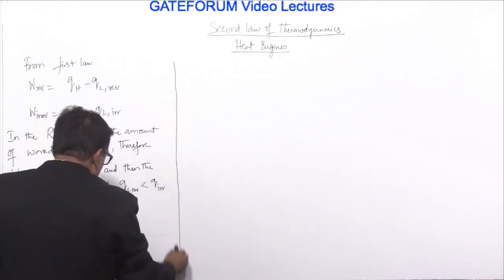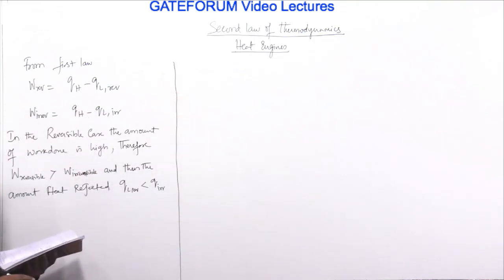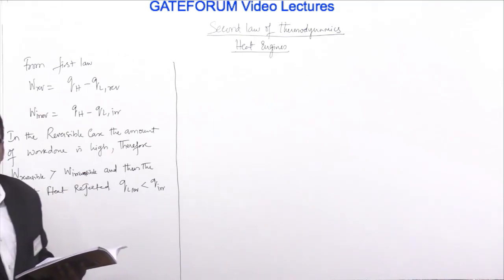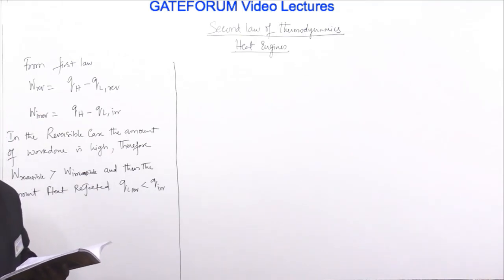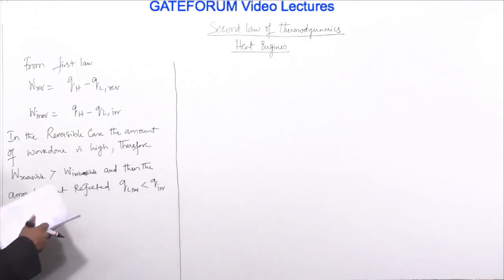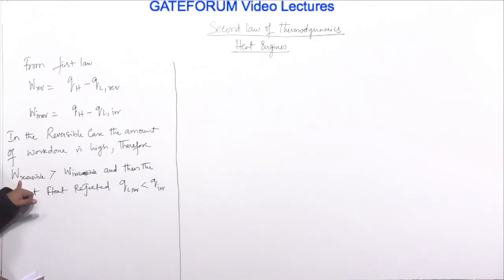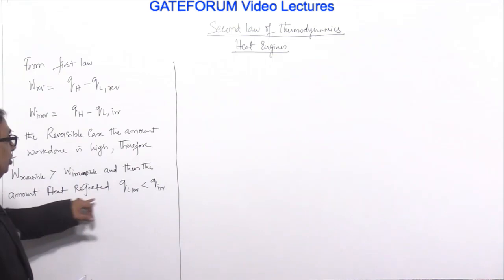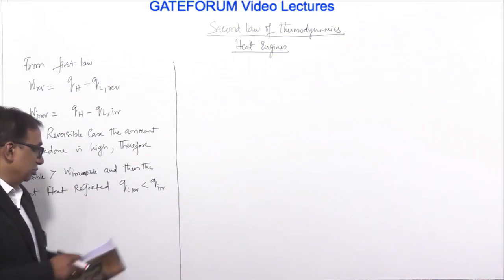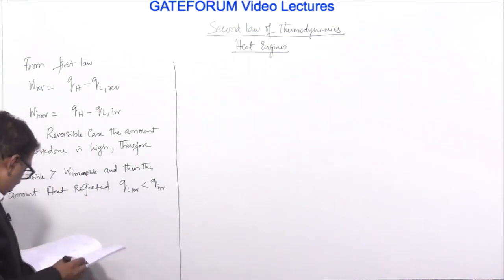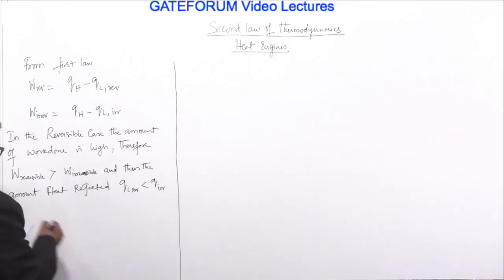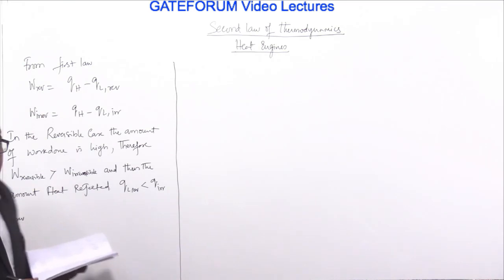Because whatever heat we are giving, that is being converted to work. Maximum is converted into work. So compared to the irreversible, the work done by the reversible is more, and the amount of heat rejected will be less than the irreversible. So that is a very simple one. That's why I have given you a very understandable definition of entropy.